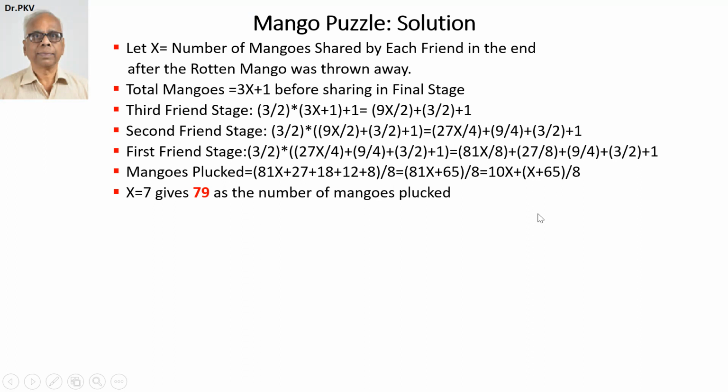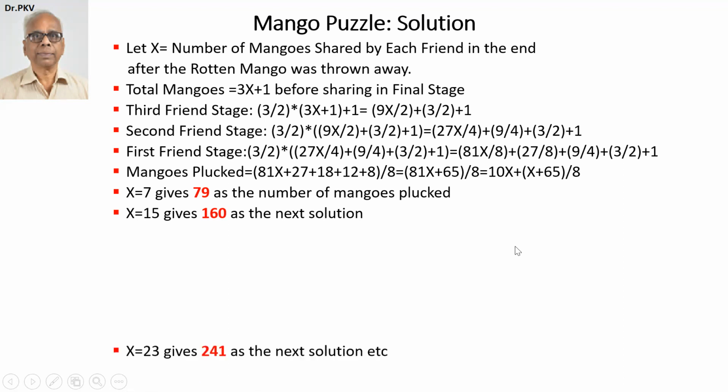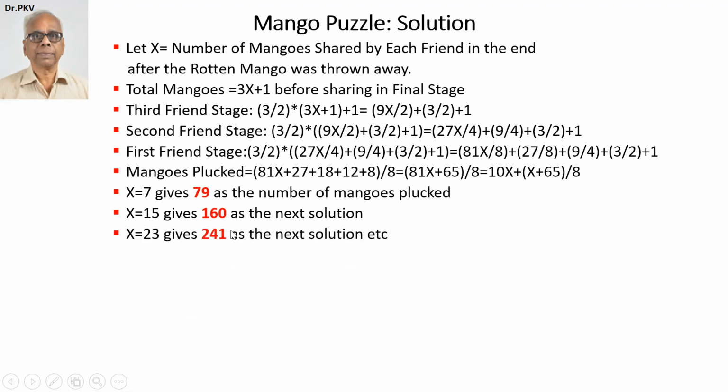So x is equal to 15 gives me 150 plus 10, 160 as the next solution. And then 88, which means x is 23, 88 by 8 is an integer. So when I put x is equal to 23, I get a solution 241 as the next solution.